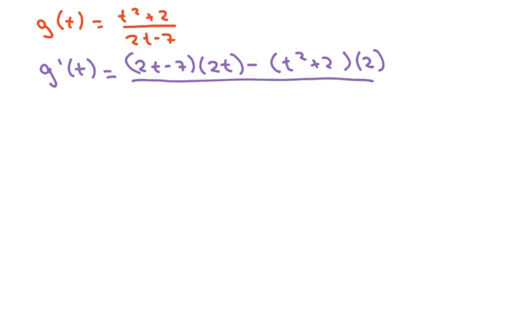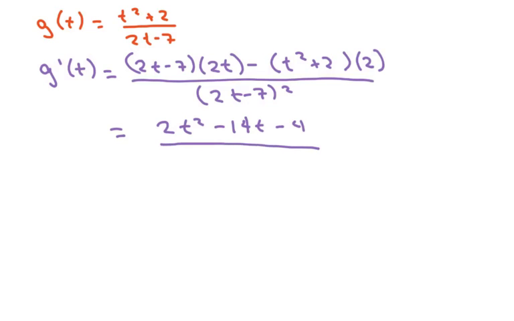Then you take your denominator and square it. So when you clean this up, you're going to get 2t squared minus 14t minus 4 all over 2t minus 7 squared.